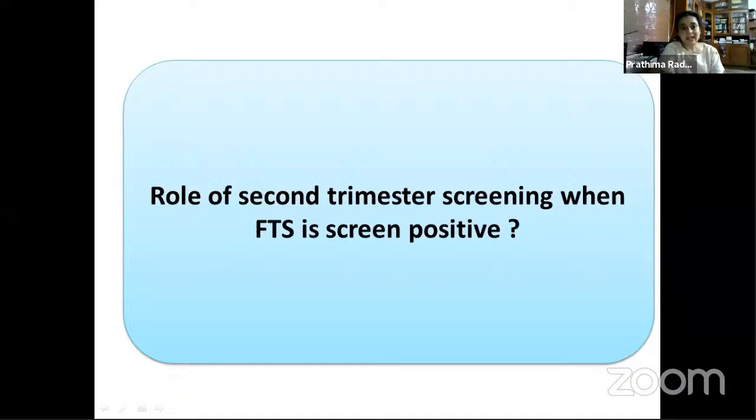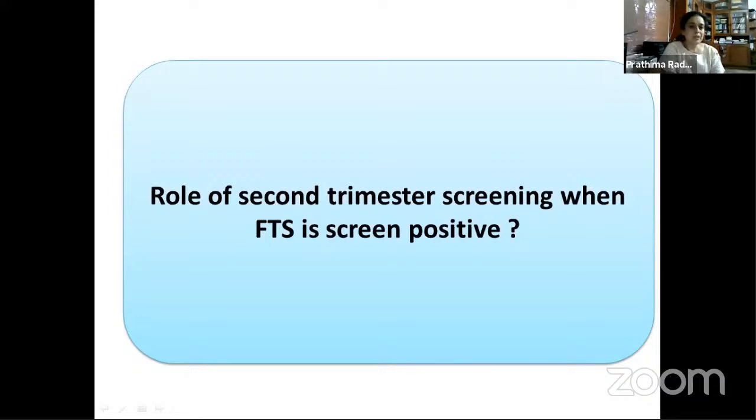And now because of the NIPT, things have become relatively easier. But I think there is still a role for second trimester, but you would consider your first trimester screening results only if your NT scan and your serum marker has been done correctly.